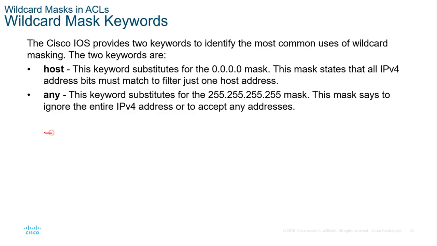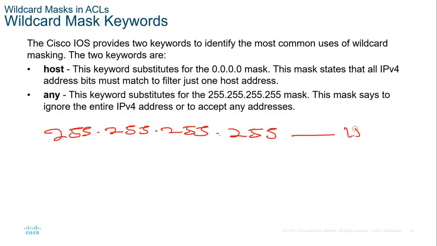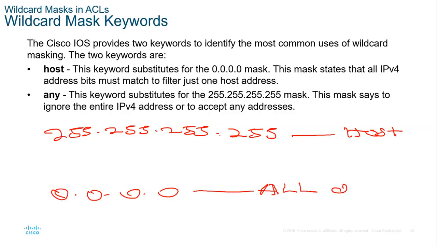If you have 255, 255, 255, 255, it simply means that exact host. Then if you have 0.0.0.0 in subnet mask, it means all the hosts. Actually, this one here is all the network, any network. Let me use all addresses, all hosts.